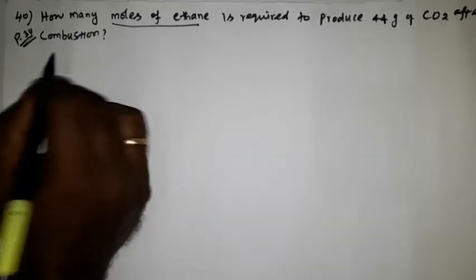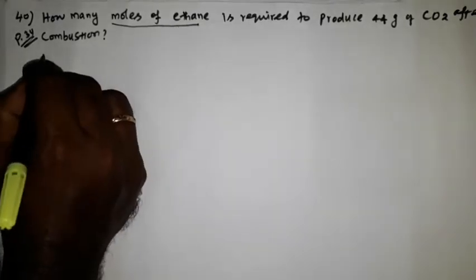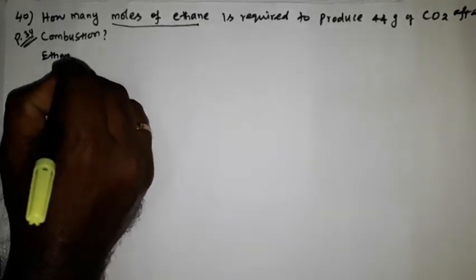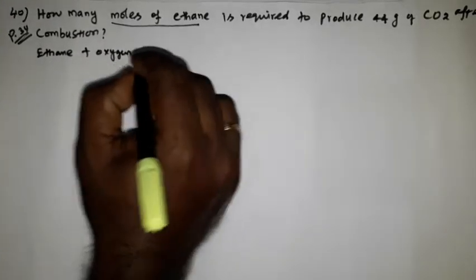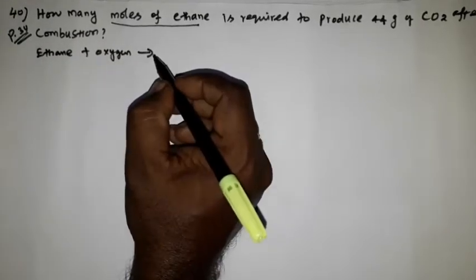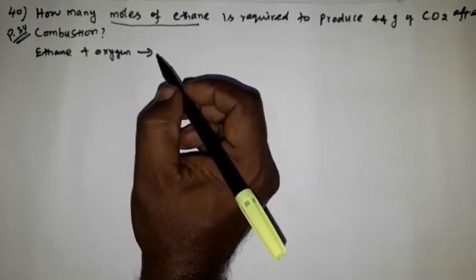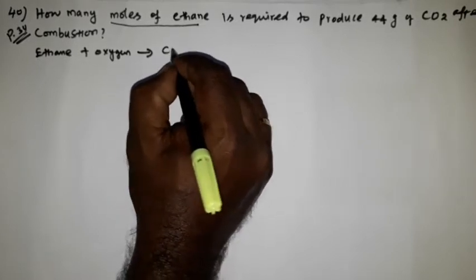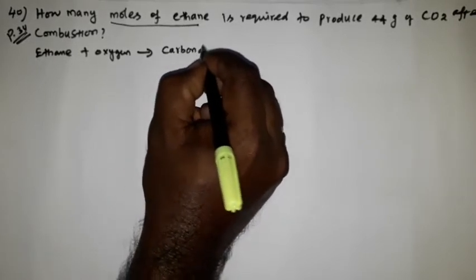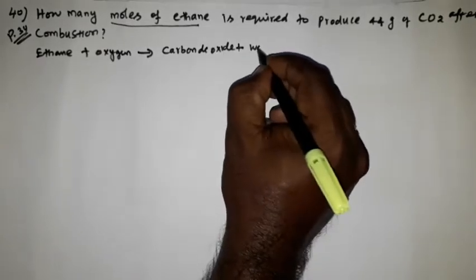What is the molecular formula of ethane? Ethane plus oxygen to produce, if any substance reacts with oxygen, that is during combustion reaction with oxygen, it will produce carbon dioxide plus water.